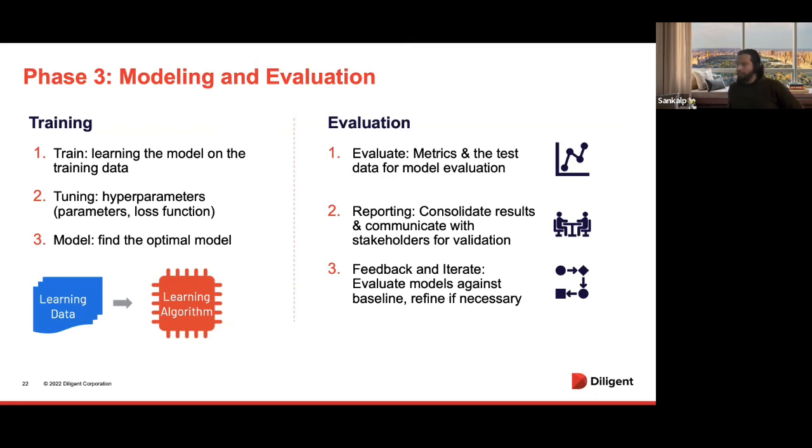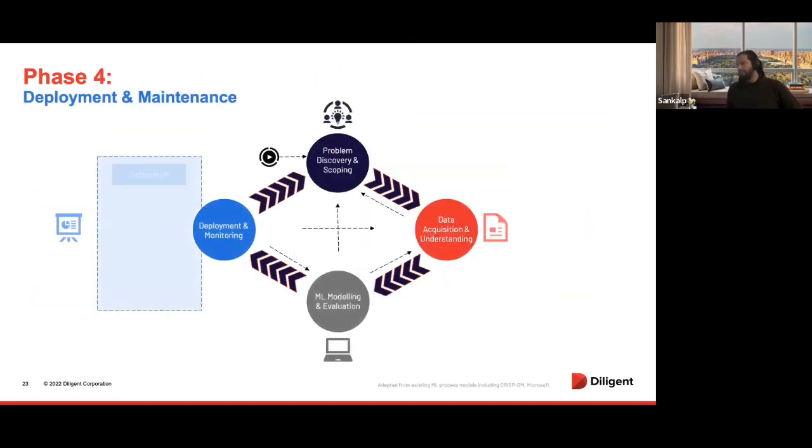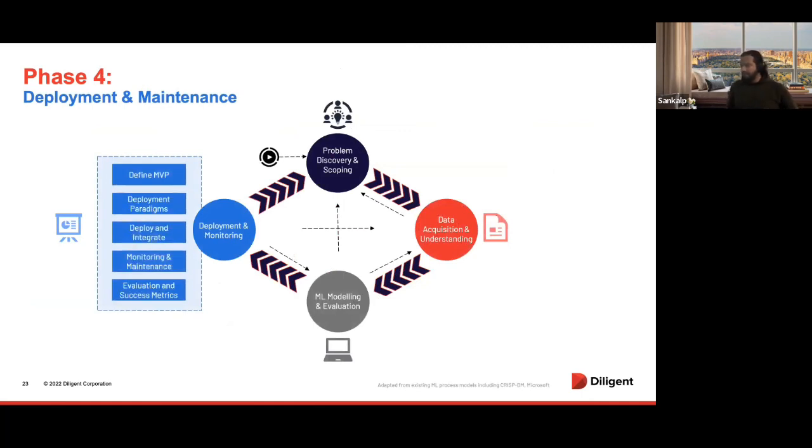All right, so assuming we have a trained model as an outcome, we move on to the next and last phase, which is deployment and maintenance, right? Some people also like to call it ML ops, which is fine as well. But in all of these different phases, one must remember that at the end of it all, what you're trying to do is simply build software that is powered by machine learning, right?